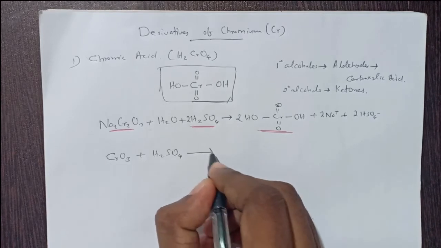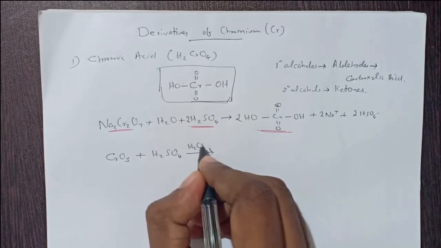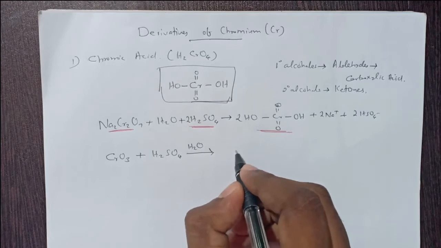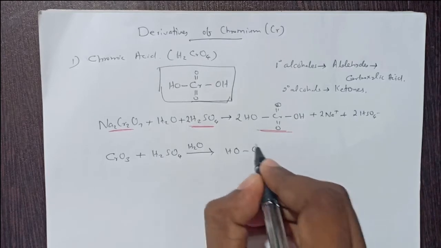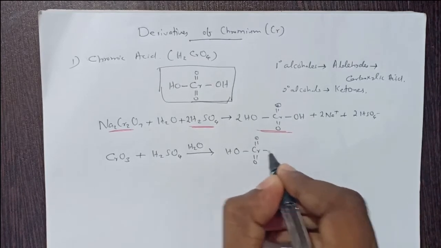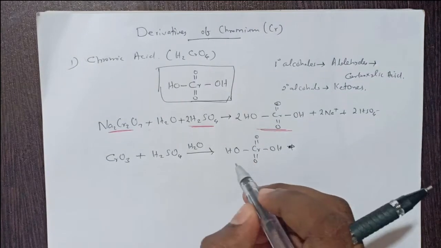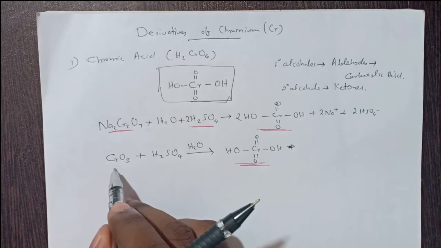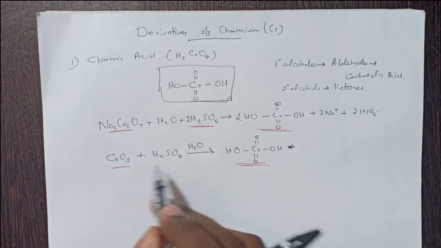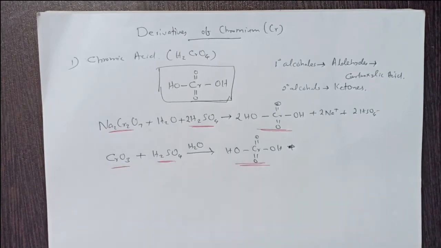In the presence of water, it gives you chromic acid, H Cr double bond O OH. So chromic acid reagent can be prepared by mixing CrO3 with sulfuric acid.